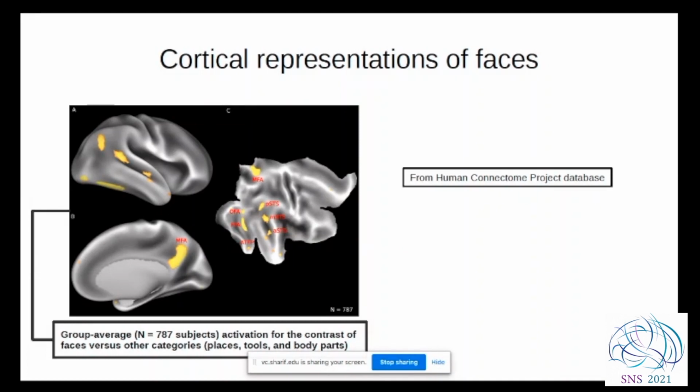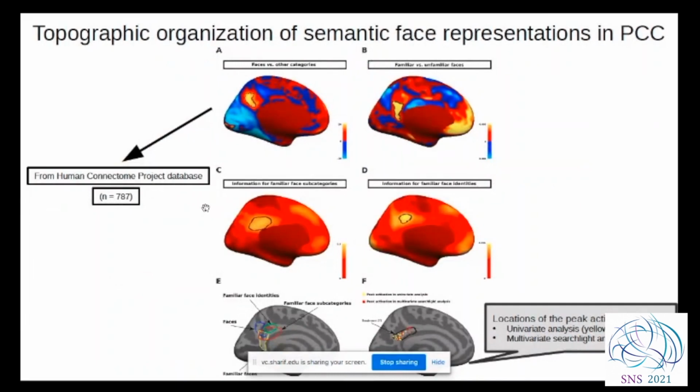So we had different kinds of representations in posterior cingulate cortex, especially in the left hemisphere. So here we are putting all of them together to look at the topographic relationship between different kinds of semantic face representations.